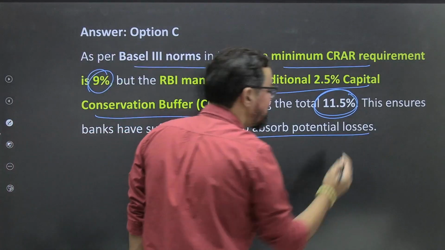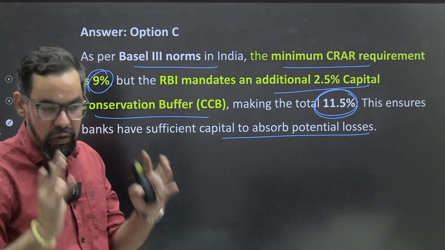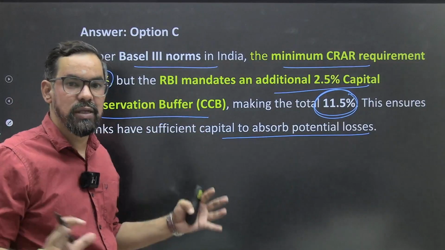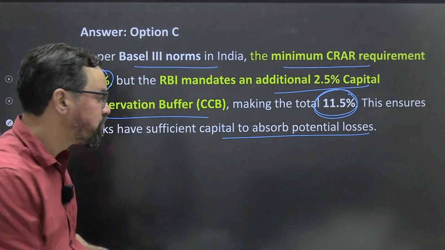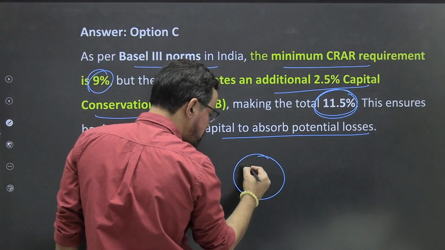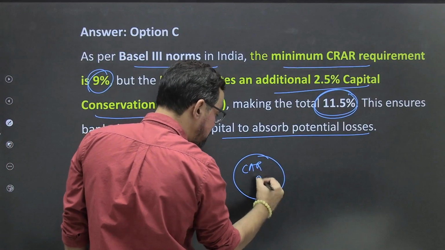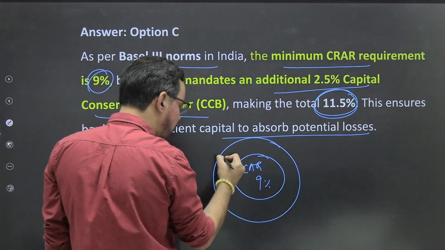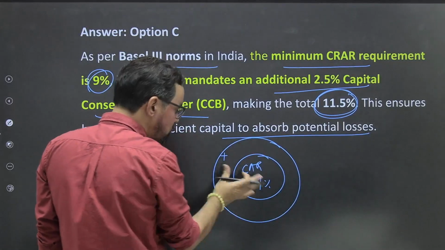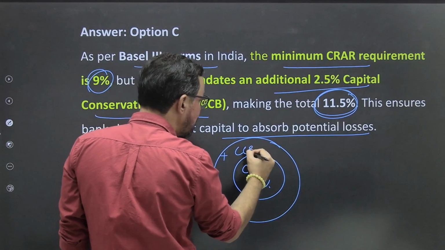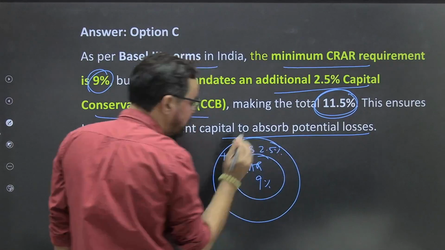ठीक है. तो basically इसका पूरा story क्या है? When you come to the CIB examination, CIB is all about Basel, BCBS norms and all. ठीक है. तो यहाँ पे earlier we had this CAR, capital adequacy ratio, of 9%. With the recommendation of Basel III, we added another layer of protection, that is generally known as CCB, ठीक है, of 2.50%. अब ये क्यों बनाया गया?